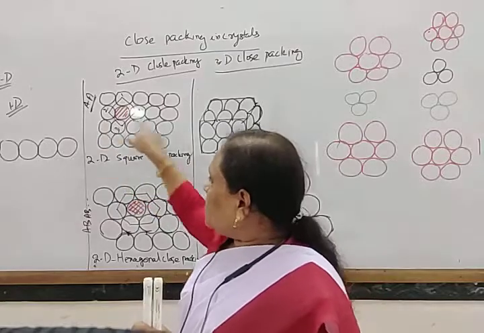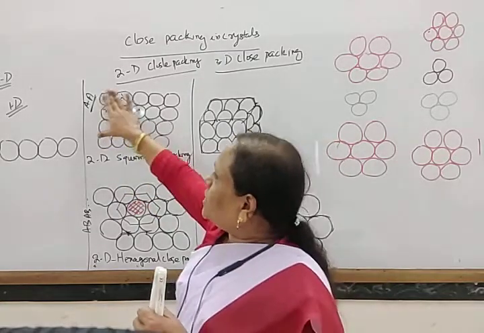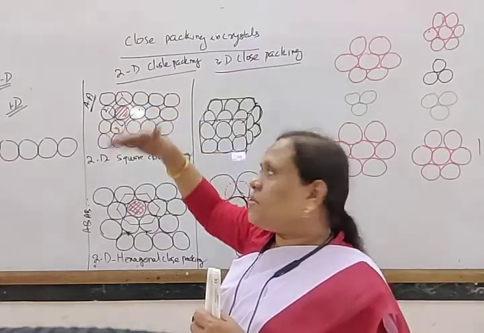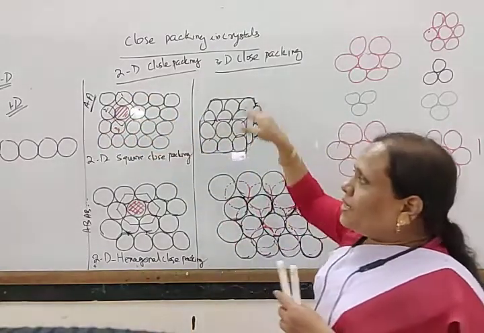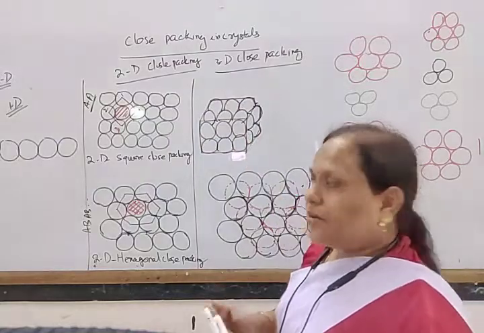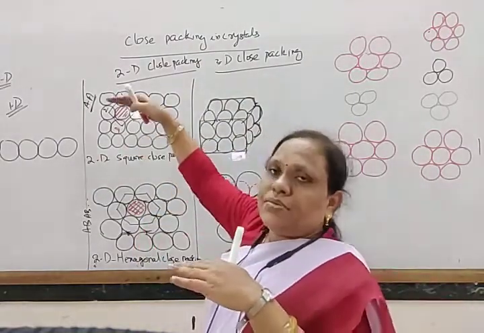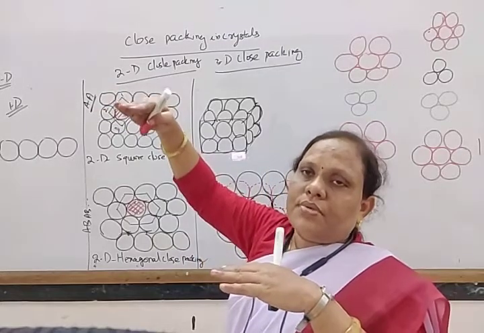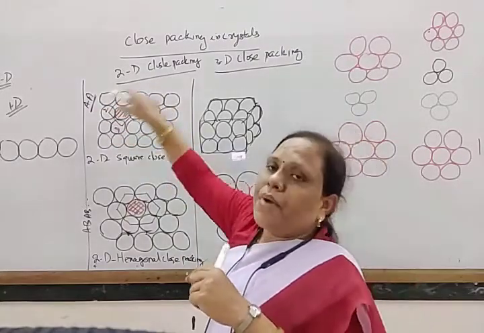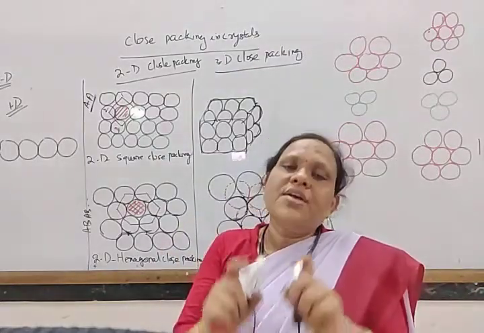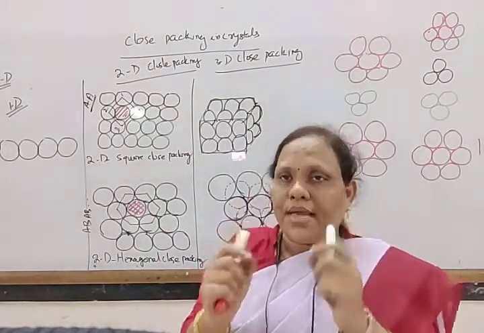So if we consider the square close packing, one square is there, and one square remains above another square. In this way it gives a cube-like structure. If this type of arrangement is there, and we consider the nearest neighbors of the particles, then it gives you a cube-like structure.